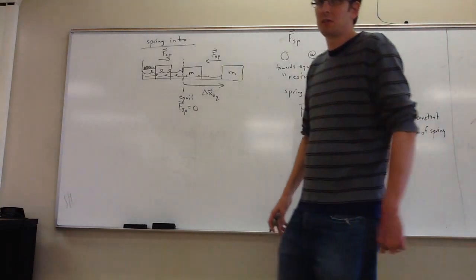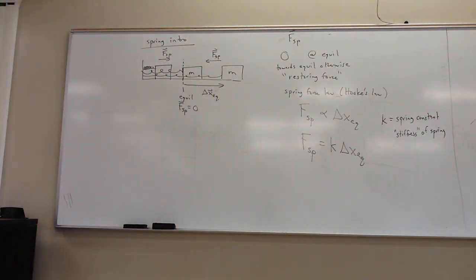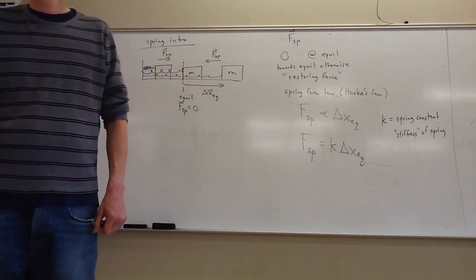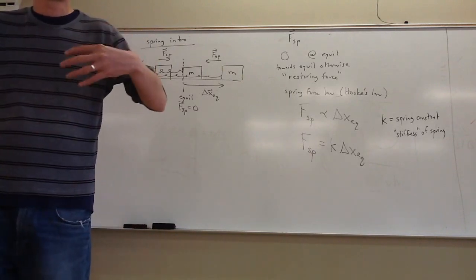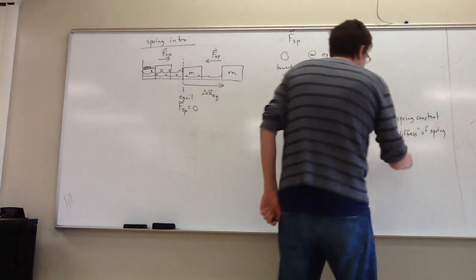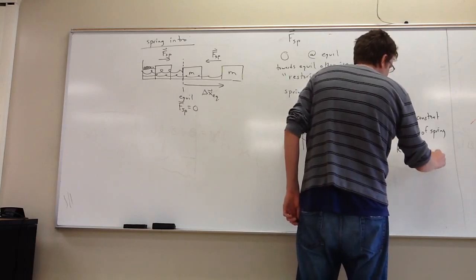I put it in quotes because stiffness has a technical definition that's slightly different, but for our purposes this is going to be more than fine. That accounts for the fact that some springs are more loose, as you may know, and some springs are more stiff. Basically, if k is larger, then the spring is stiffer.